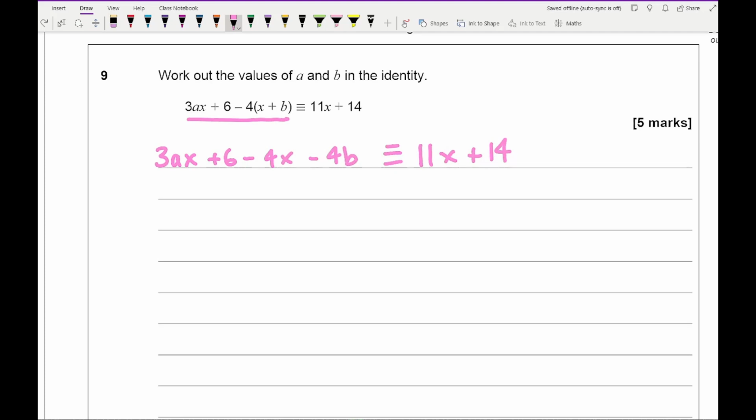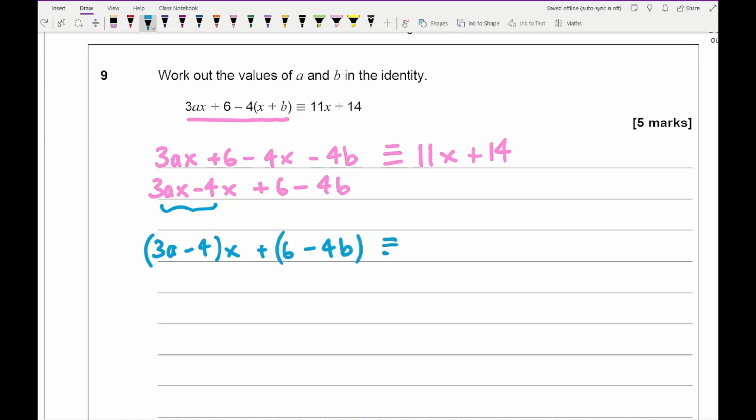Now if I collect all the things with x's first, that's 3ax minus 4x plus 6 minus 4b, and then factorise with respect to x, so I've got (3a minus 4)x plus (6 minus 4b), and that's 11x plus 14.